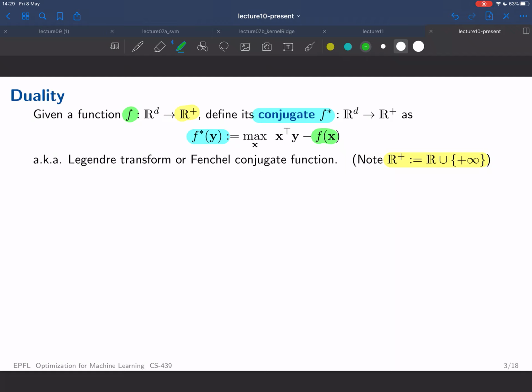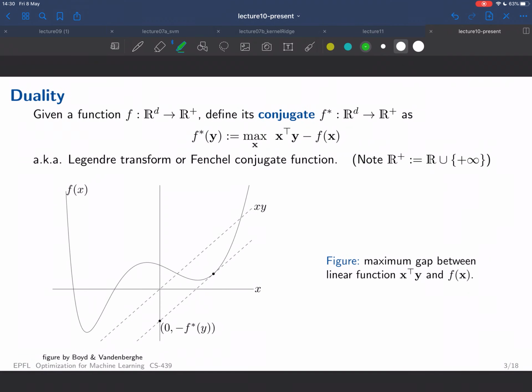So that sounds pretty strange, so why would this be a good idea, and what's the relation of the two? So for that we look at a picture to understand a bit better, and it's still abstract, so I apologize in advance.